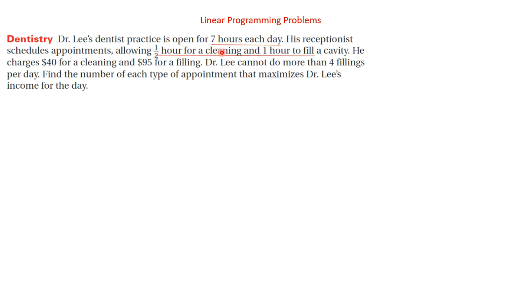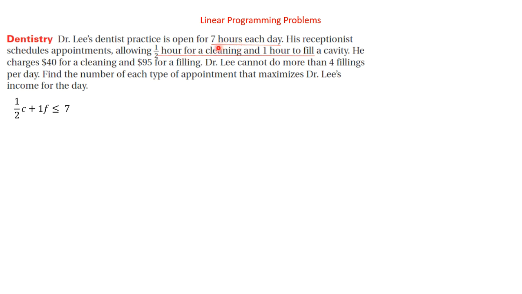Well, half an hour for cleaning, 1 hour to fill a cavity, and it can only be up to 7. So this would be half an hour times the number of cleanings plus 1 hour times the number of fillings. Then it has to be less than or equal to 7, because we could work for less than 7 hours, but he can't work for more than 7 hours.